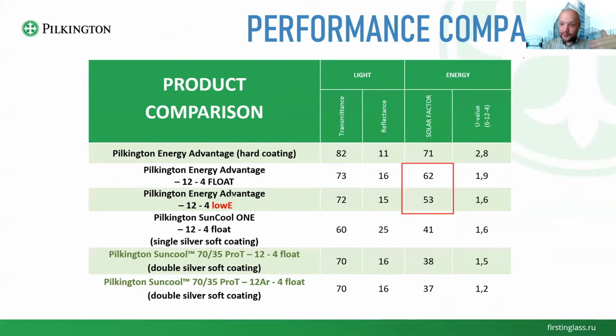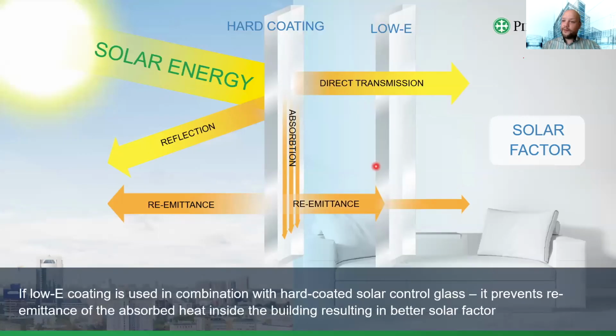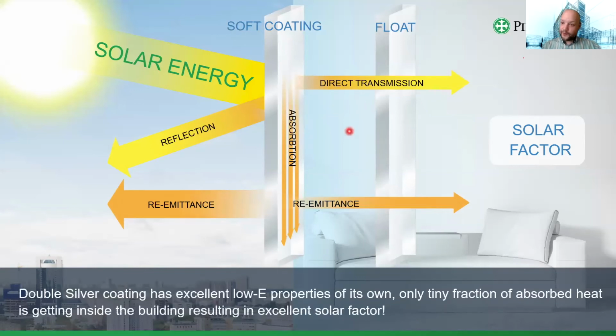So what are we doing? Because performance-wise hard coatings are lacking, we put in some kind of support by using a soft coated glass to support the hard coating in U-value and in solar control. Because again, hard coatings are quite limited in performance because there is only one layer. But what happens if we have a soft coating, for example a double silver one? At first, direct transmission of the solar heat is much lower because of silver.